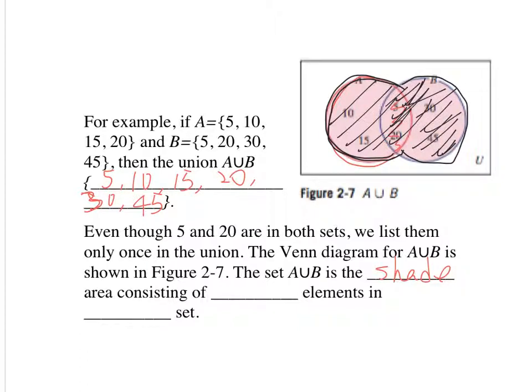This time we're shading both circles, right? So it's the shaded area consisting of all elements in either set. All the elements on the left-hand side A circle and or on the right-hand side B circle are included in this figure.